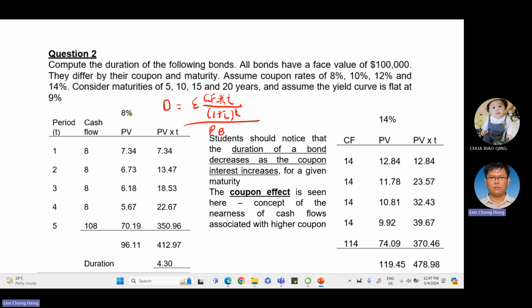When you look here, this actually is the PV multiplied with the T. So I have another shortcut for you if you are using the financial calculator. This all actually is the NPV divided by the bond price.